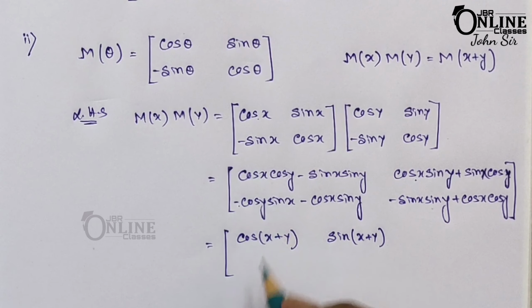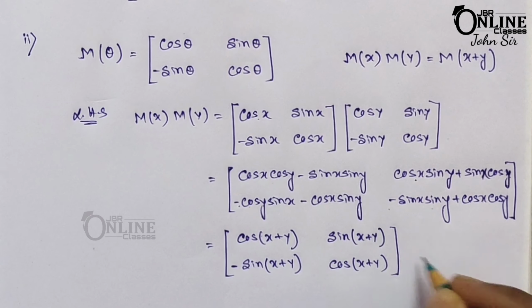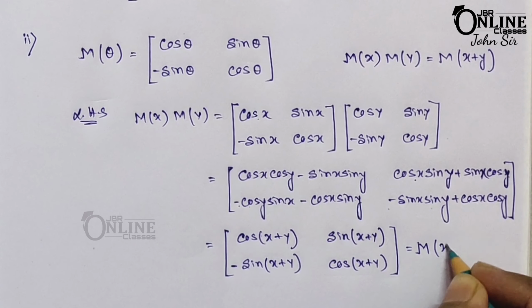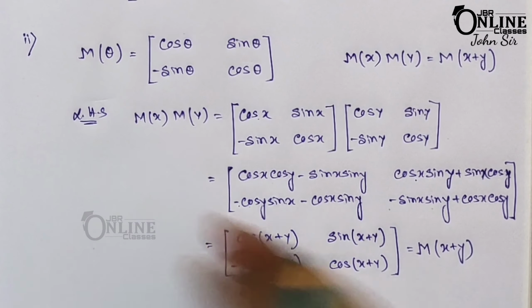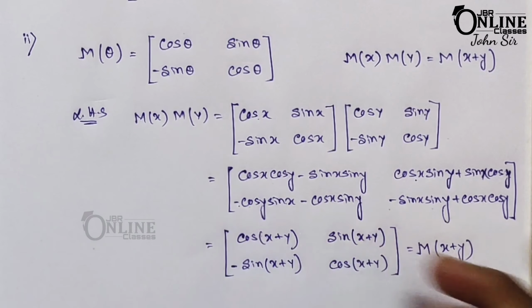Here both are minus, so if minus is common, it becomes cos y sin x plus sin y cos x, which is the formula of sin of x plus y. And cos x cos y minus sin x sin y, by the same formula, is cos of x plus y, which equals M of x plus y. So left hand side equals right hand side, and it's proved.